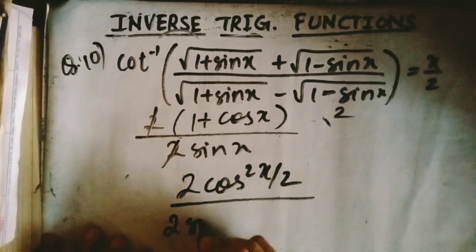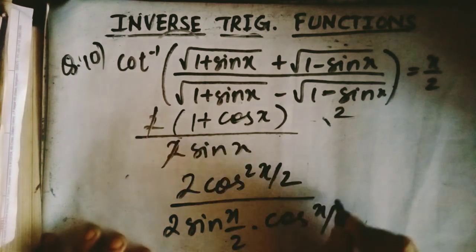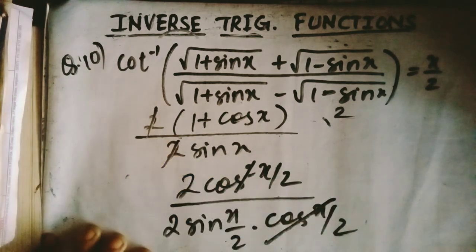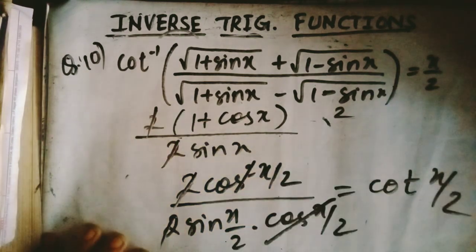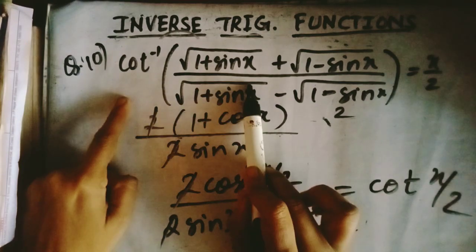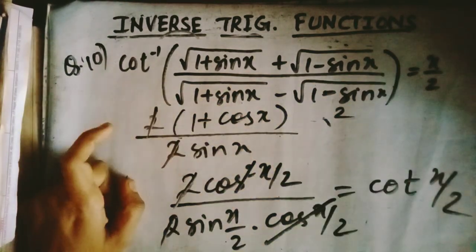You can write sin x as 2 sin x by 2 into cos x by 2. So this one goes, and you'll get cot x by 2. Okay, that you have to write here. So cot inverse cot x by 2 is x by 2.